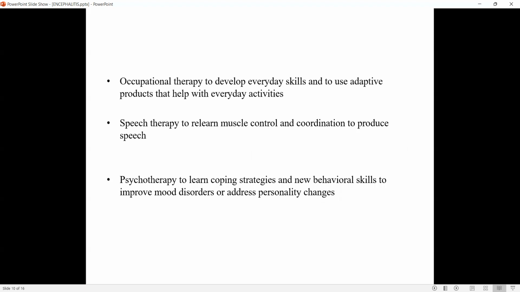Occupational therapy to develop everyday skills and to use adaptive products. Speech therapy to relearn muscle control and coordination to produce speech. Psychotherapy to learn coping strategies and new behavioral skills to improve mood disorders and address personality change.